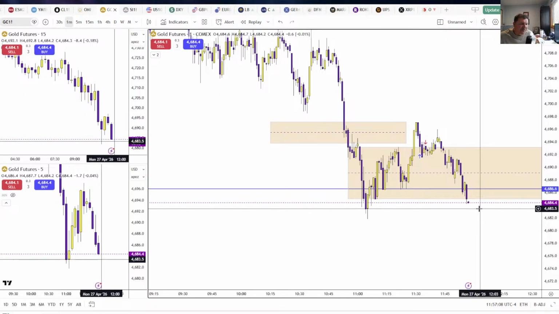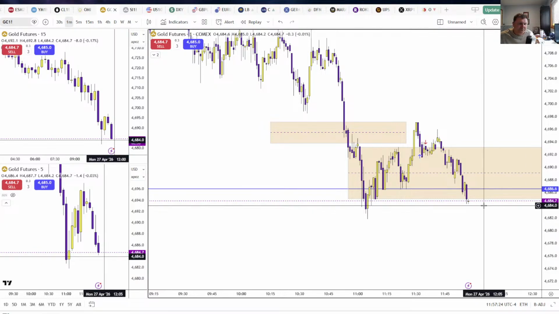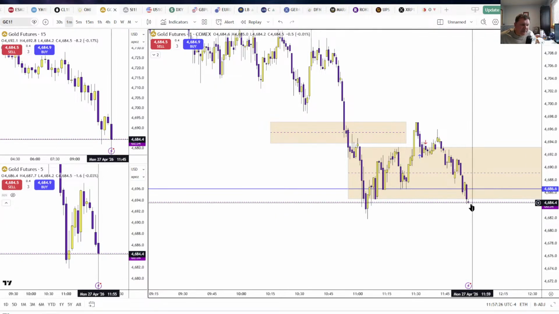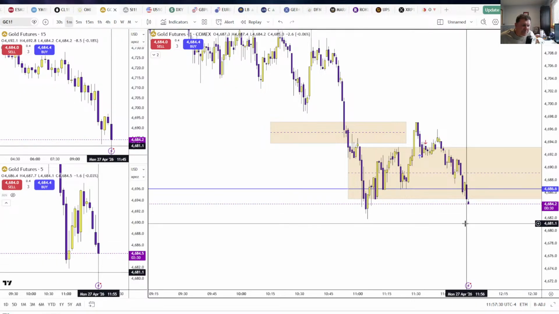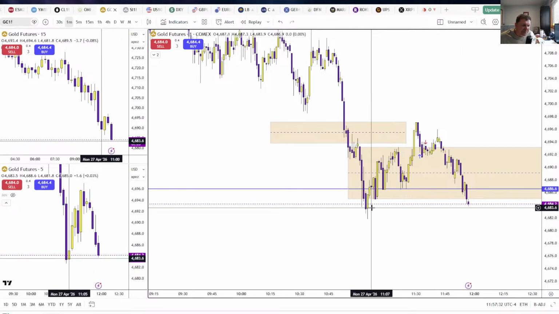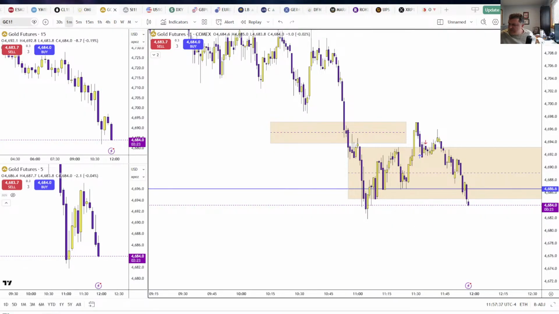Looking for rejection block next. See how we just opened below it, tagged it. Now let's keep pushing. Look for a rejection block below you here. Move my stop loss right onto that.